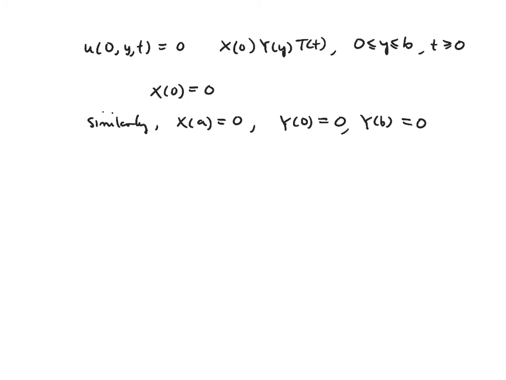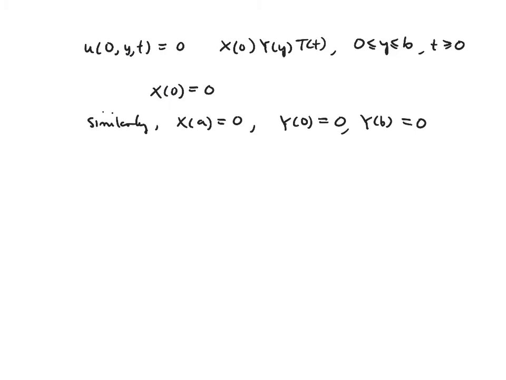The boundary conditions only exist on the x and the y components of the separated solution. So x of 0 is 0, x of a is equal to 0, and the same thing for y. These are just your basic good old eigenvalue problems with homogeneous Dirichlet boundary conditions.